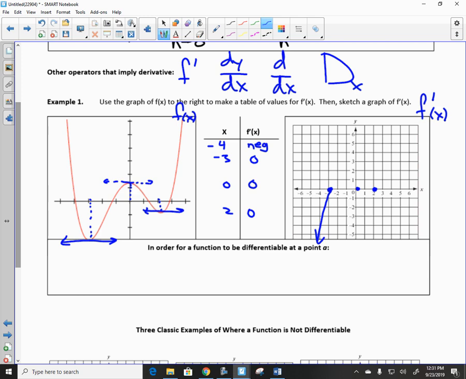What can you tell me about the slope between -3 and 0? It's all positive, right? Well, if the graph is positive, it should sit above the x-axis. If I choose a value, say 1, what is the slope between 0 and 2?